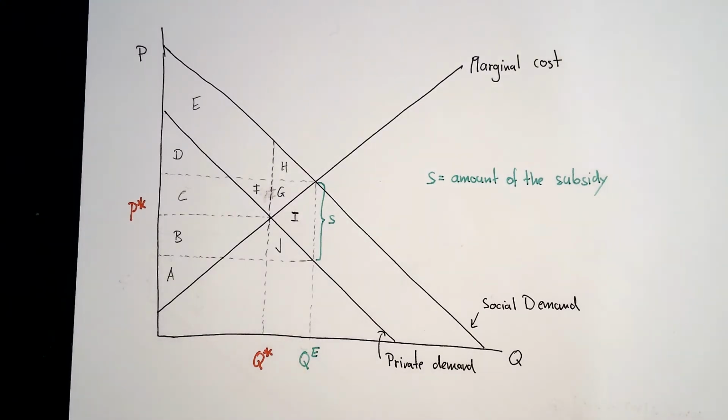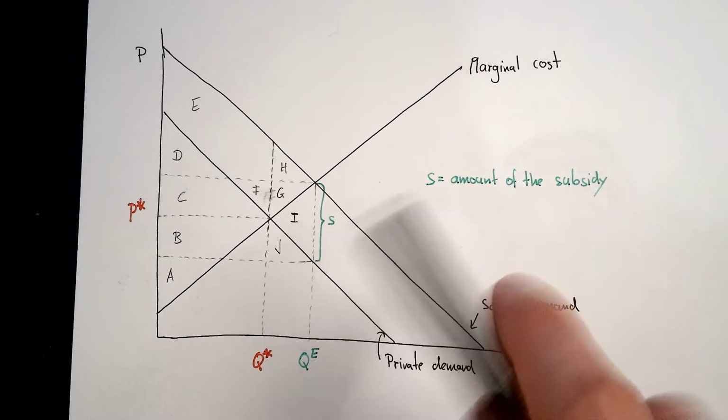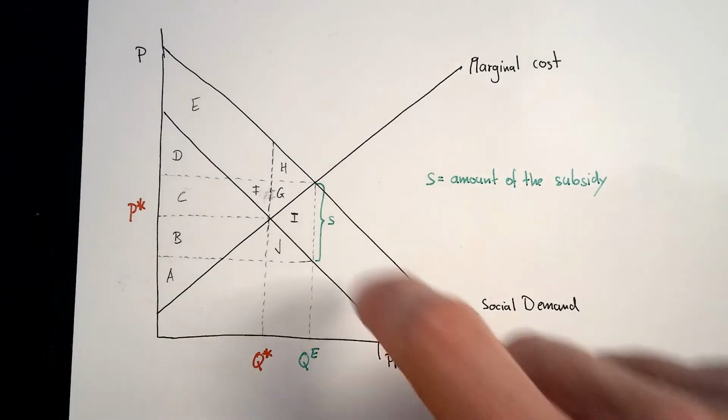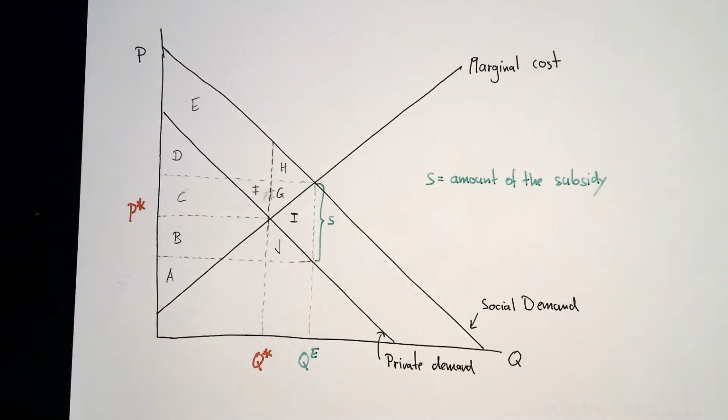Now note that in order to get to QE, we have to provide a subsidy, which I denote S here, which is the amount of the subsidy, which basically incorporates the external benefit. This is a subsidy that has to be paid to the market, very much like a Pigouvian tax incorporates the negative externality.